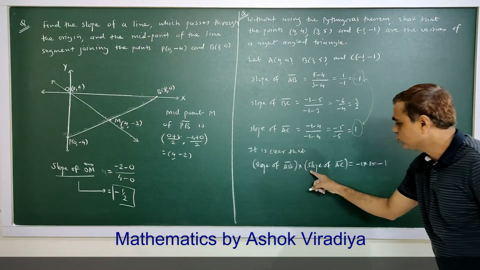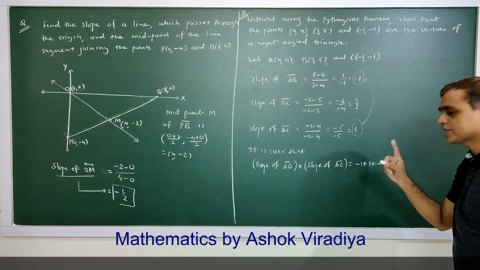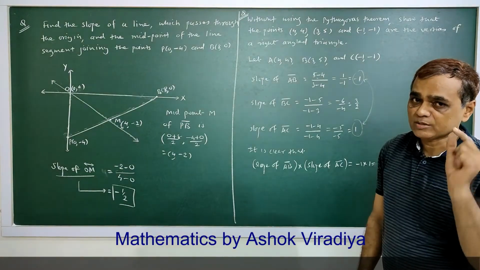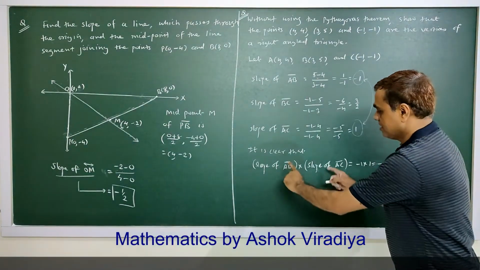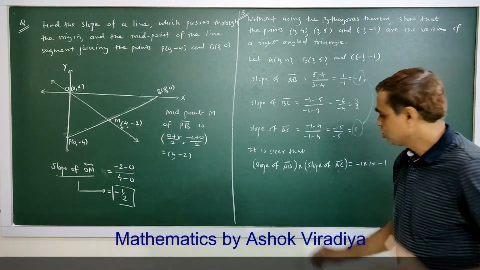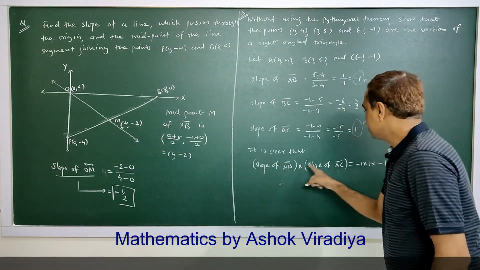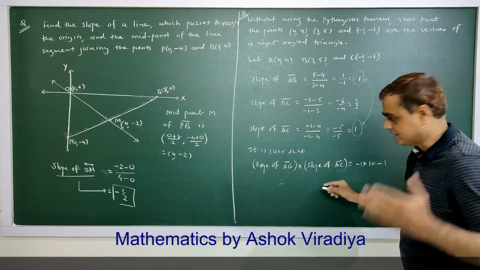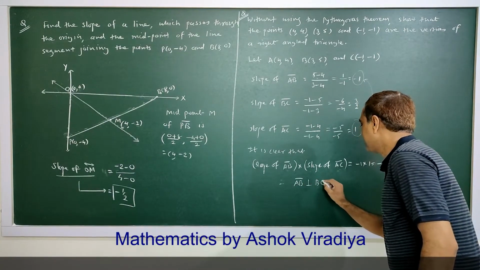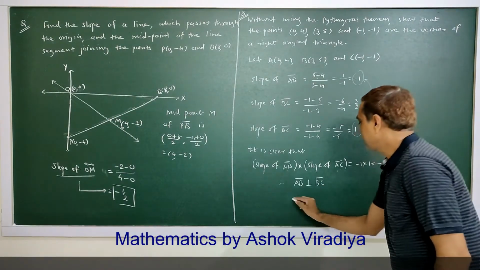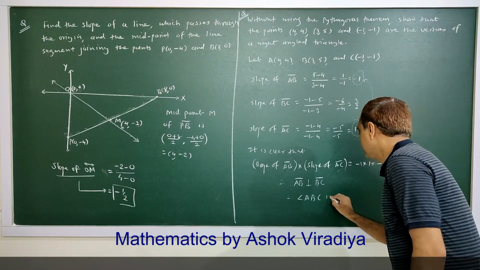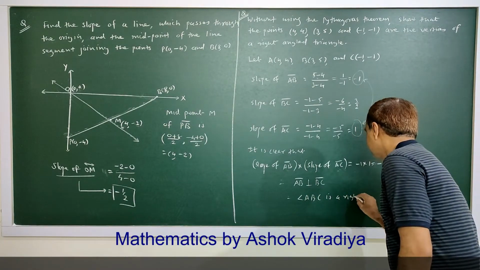So M1 into M2 is minus 1, and when the product of slopes is minus 1, the lines or line segments are perpendicular. So this means line AB is perpendicular to line AC. That means angle BAC is a right angle.